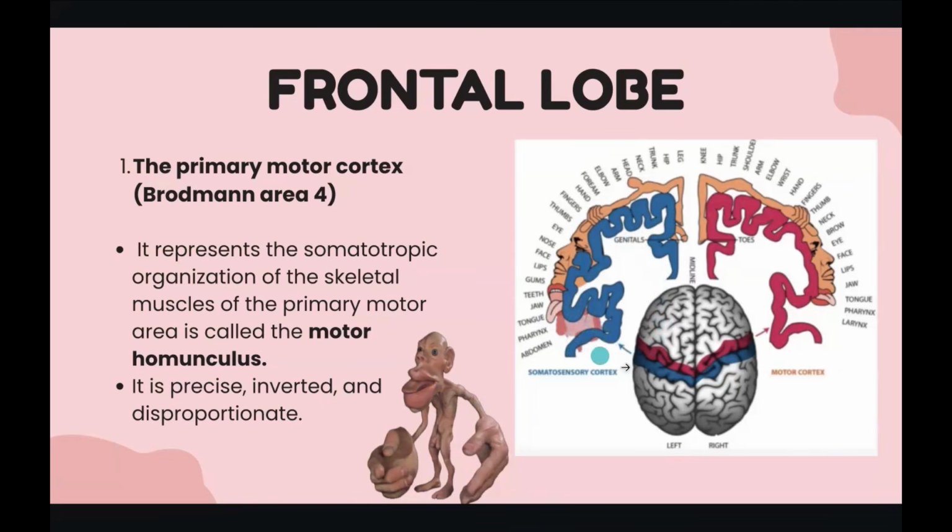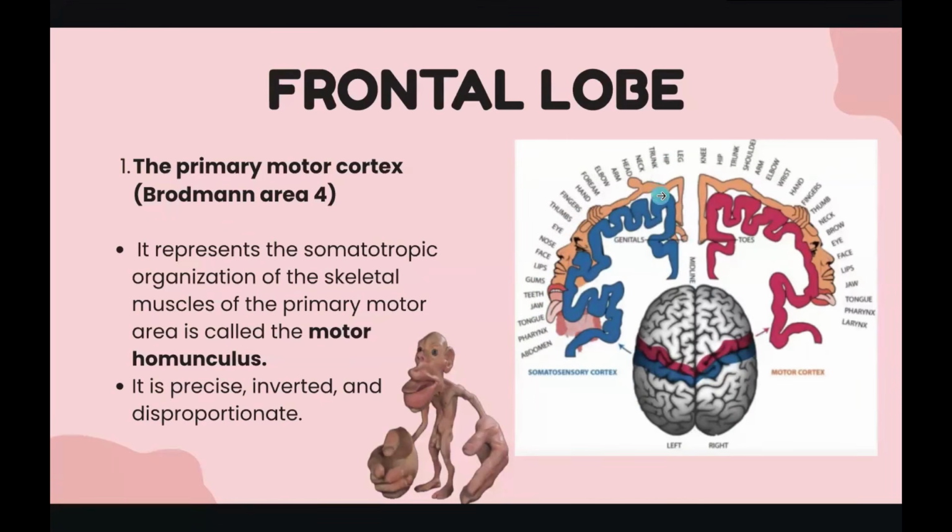Starting from the lateral part of this area, it will be in control of the abdomen, the pharynx, the tongue, meaning first your GI, then moving up to your upper GI, and then your face, then your upper limbs, and then your lower limb. All right. As you go medial, more towards the midline, this will be controlling your lower limb.